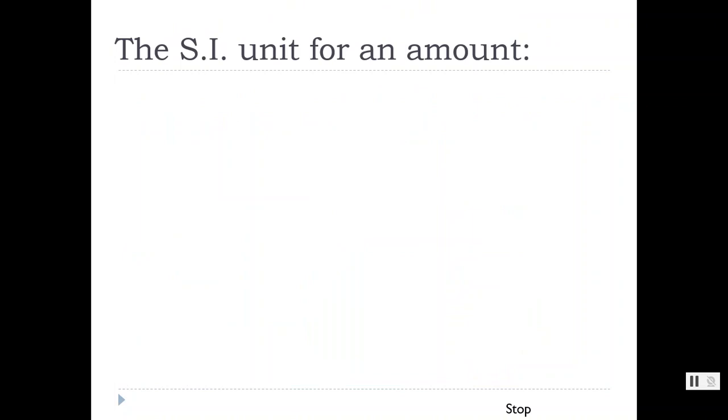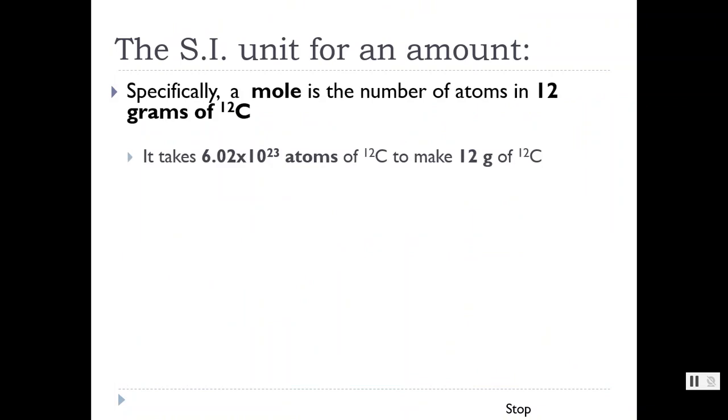So this is the last slide for our introduction to the mole. You should know that the mole is the standard international, the SI unit for an amount. Now we're going to talk in the subsequent video about how we can relate moles to something that we can weigh. But for right now, you should know that the SI unit for amount is the mole.